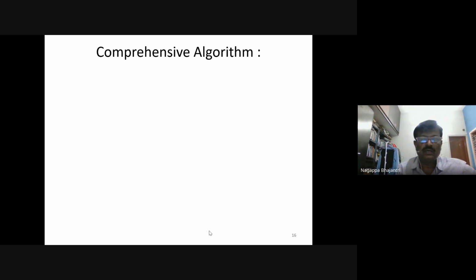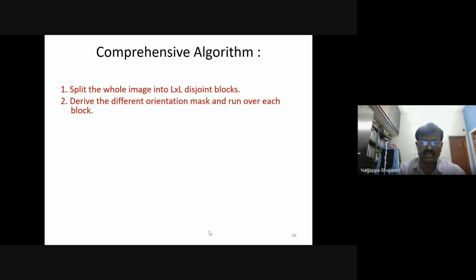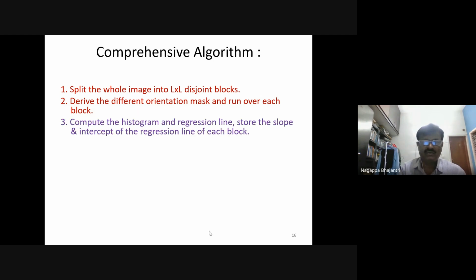Comprehensive algorithm. I showed the flowchart in the previous discussion, so that will be rewritten in a different form. We can divide the image into L disjoint blocks, run the orientation mask over each block, and get a histogram for each block.